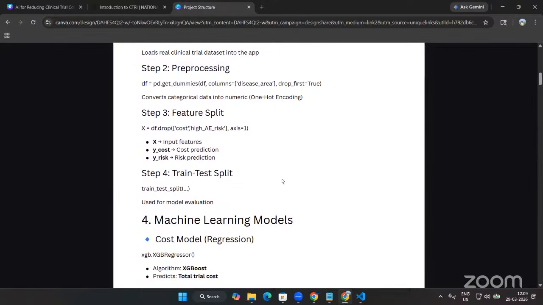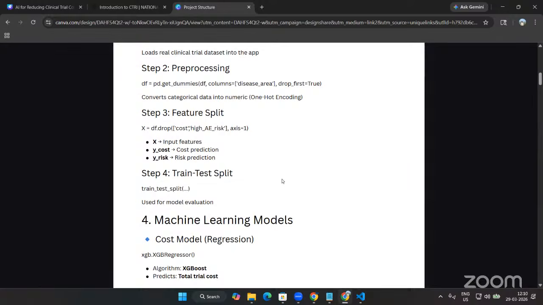Once we have the data in numeric format, the next step is feature split. Feature split means that the data needs to be in the form of input and output. We have two output features.